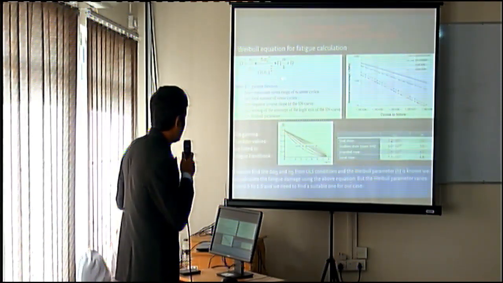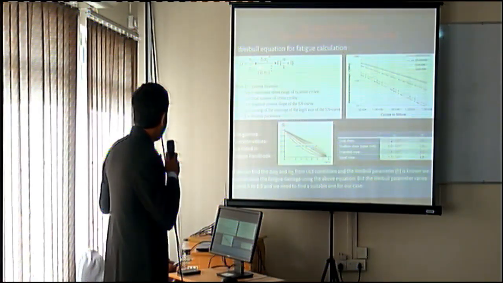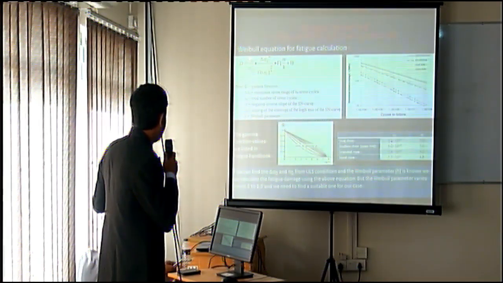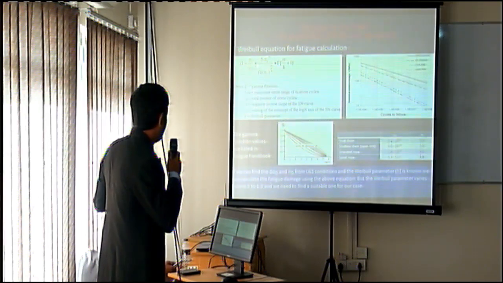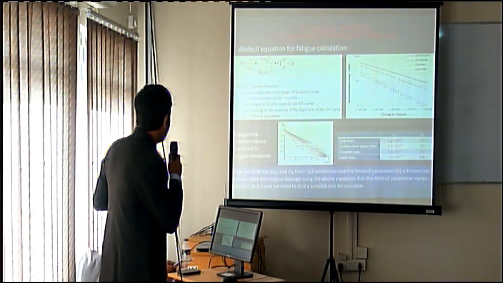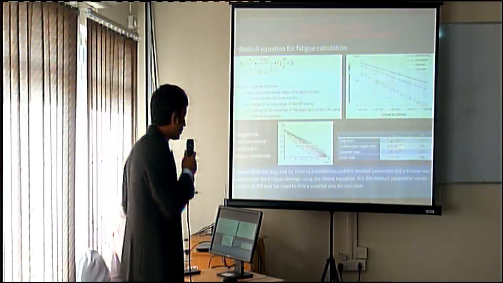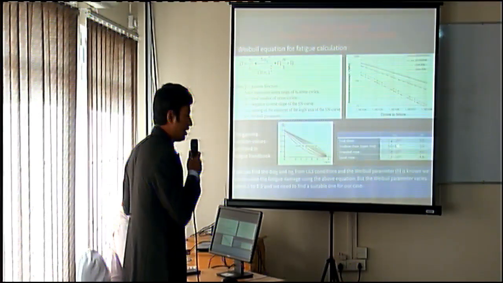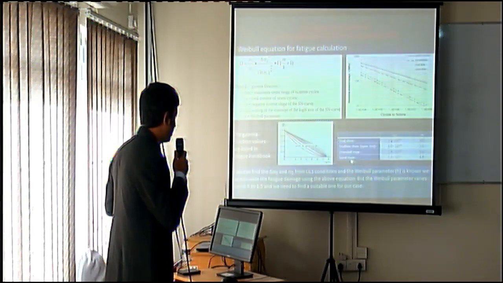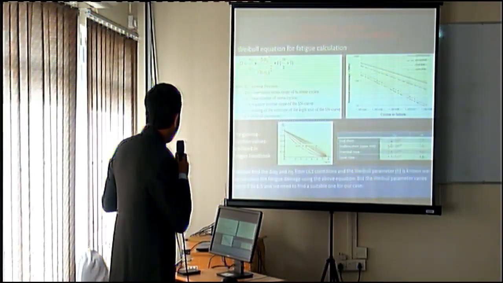Using this equation, we can calculate the fatigue damage of any component. Here D means the fatigue damage, and here is the number of cycles the structure will experience, and this A_D and this m are basically obtained from the S-N fatigue curve. These are parameters for calculating the fatigue damage of, for example, a chain, a wire rope, or a spiral wire rope. Another thing is this maximum stress.